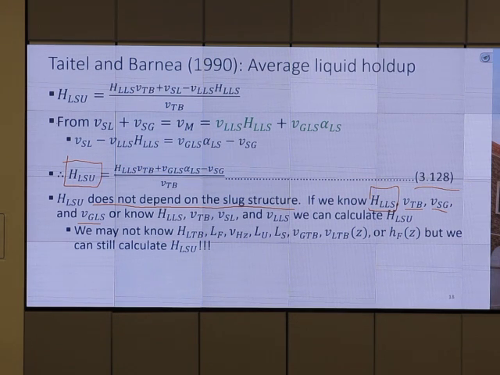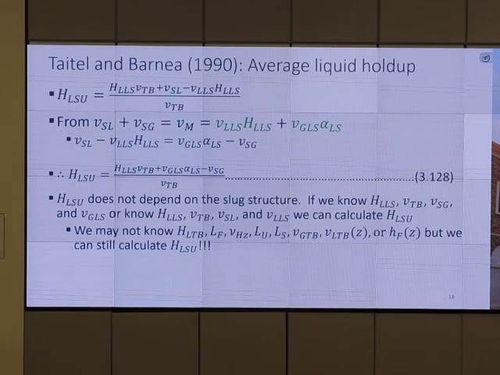Let's say the double Hubbard model. We assume VGLS to be the same as VLS to be the same as VM. So gas, liquid, and mixture move at the same speed inside the slug body. So if I assume that I know holdup of the slug, can I get the unit slug holdup?